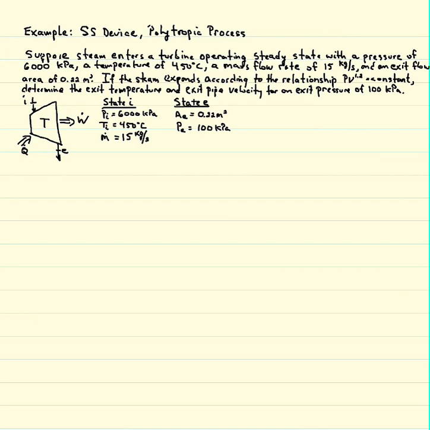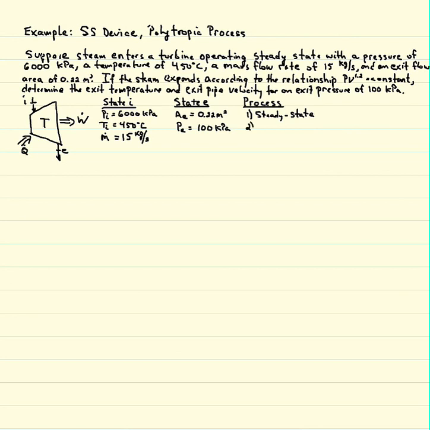Okay, so what kind of process are we studying here? There's two pieces of information that we know about the process. First, we know that it's a steady state process. Our turbine is steady state, so the turbine itself doesn't undergo any changes in mass, energy, or entropy.